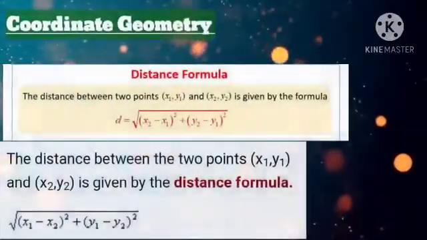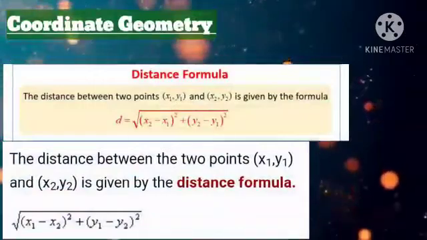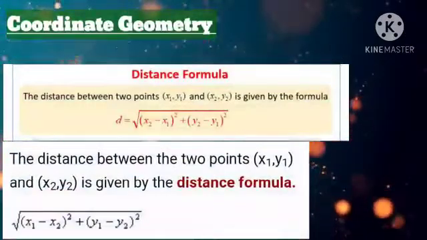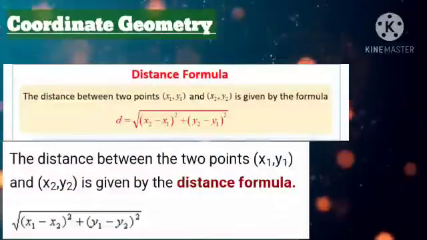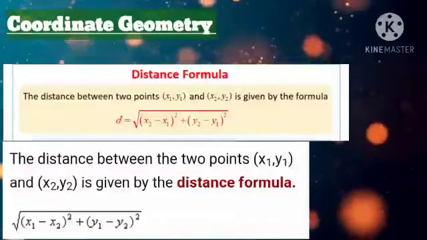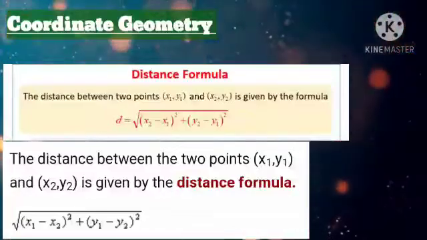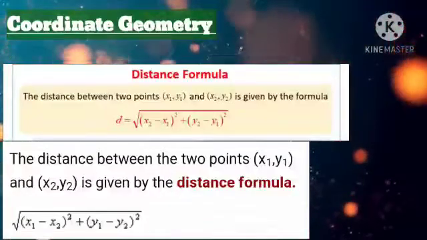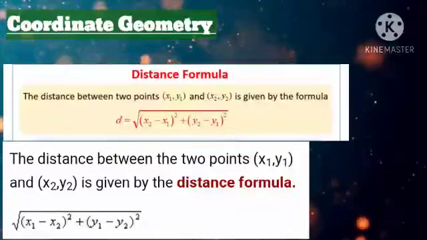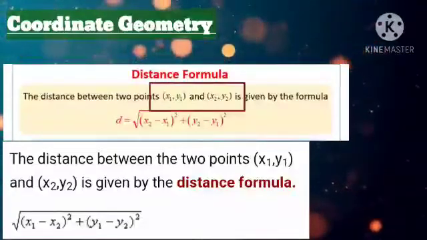Dear students of class 10, in the previous video we have learned about the distance formula of the chapter Coordinate Geometry. This formula is used to calculate the distance between the two given points. As you can see on the screen, there are 2 points of coordinates x1, y1 and x2, y2 respectively.